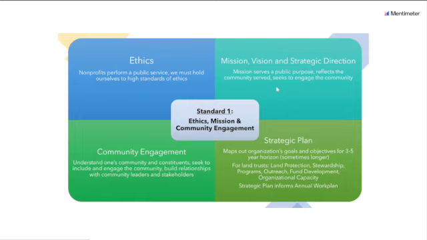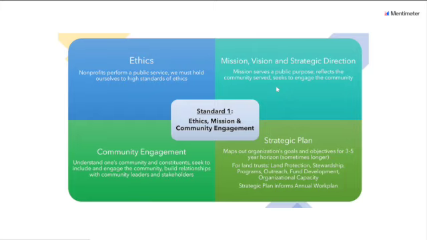So mission, vision, and strategic direction, and your strategic plan. Many organizations have a written strategic plan, but it's actually the process that is almost more important. Strategic plans are produced as the outcome of inclusive working sessions to look at stakeholder needs, organizational strengths and weaknesses, and opportunities in the community.